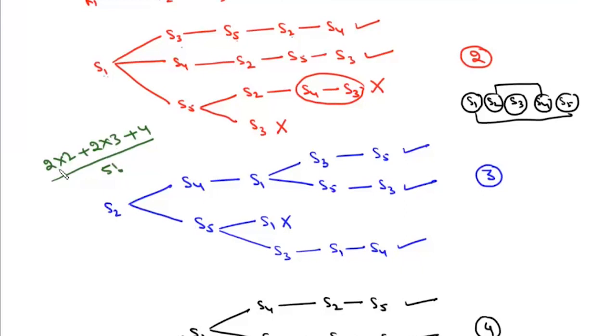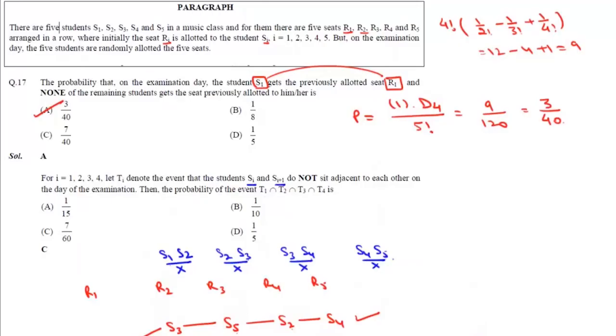Now this is 6 plus 4, 10, 10 plus 4, 14, 14 upon 120, which is 7 by 60. So the required probability is 7 by 60, and that's your option C.